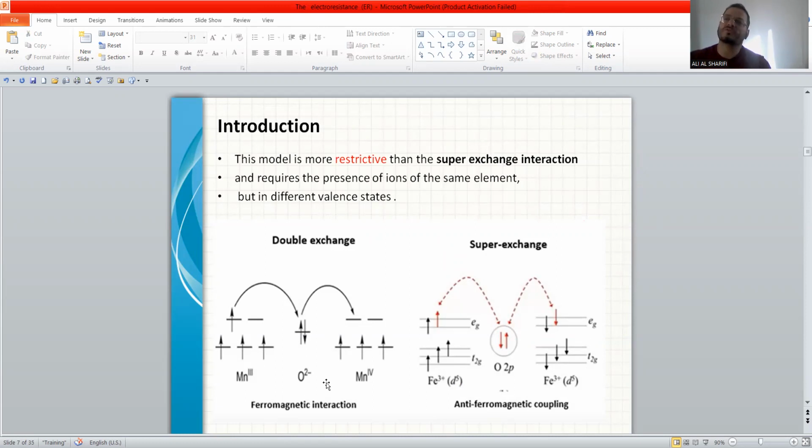Some similarity with the doping, when we inject the electron and it will keep jumping from step to step. The same idea. We'll jump from Mn3+ to the oxygen between them, and after that another jump to the Mn4+, and the charge will be continuously changed.